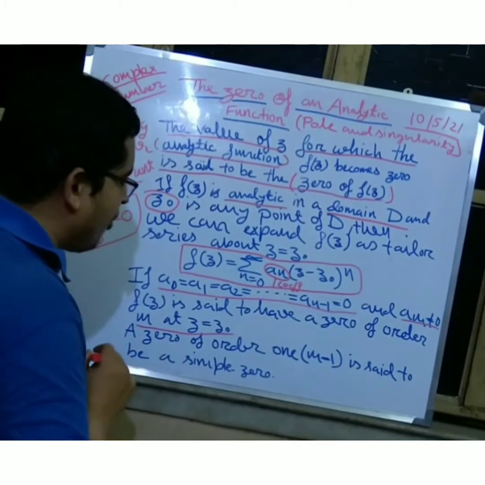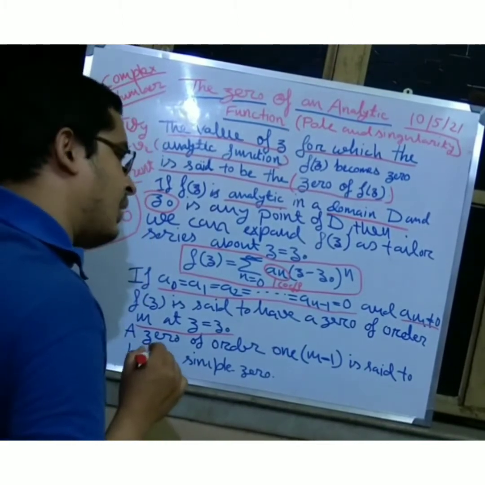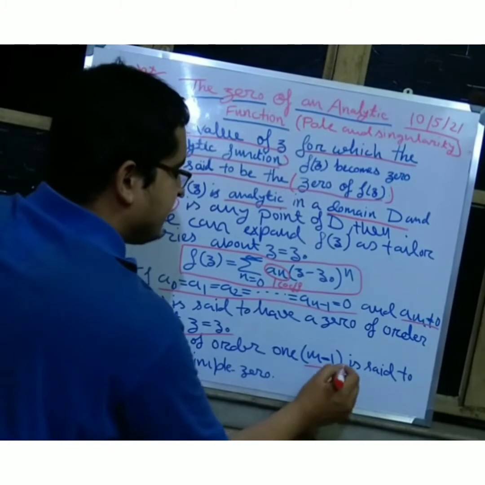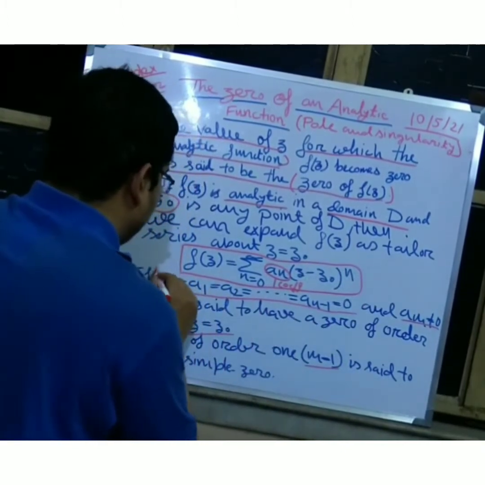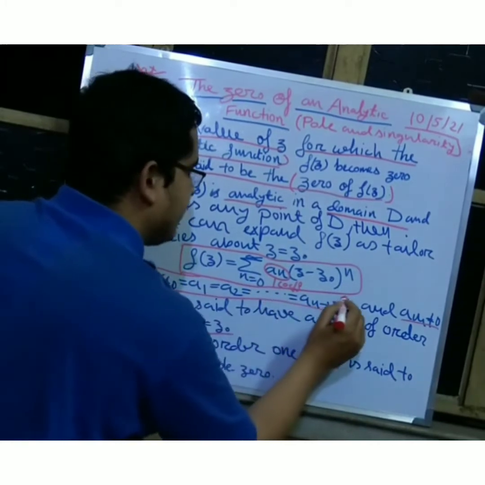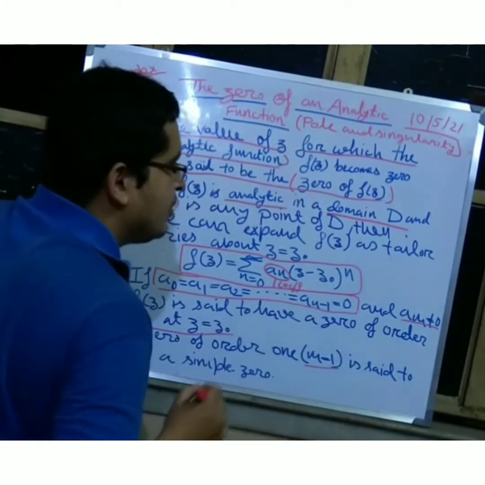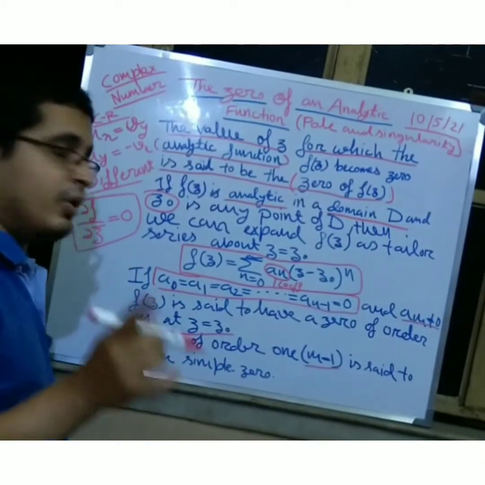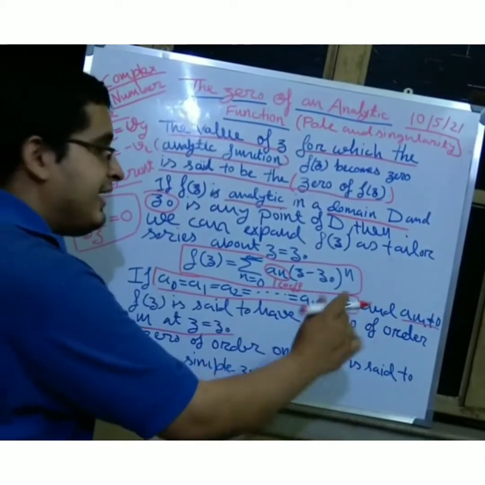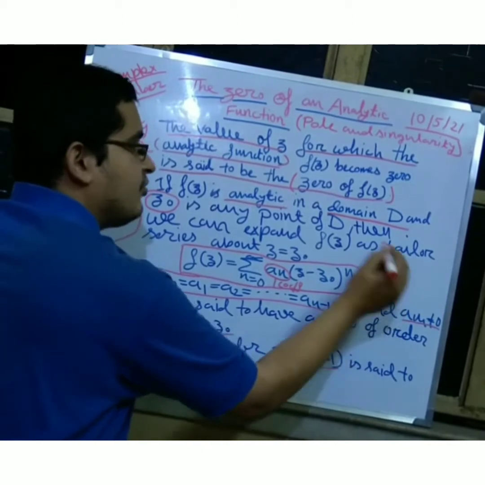Then z equals z0 is a zero of order m; when m equals 1 it is a zero of order 1. This is the way we can express the function as a Taylor series.